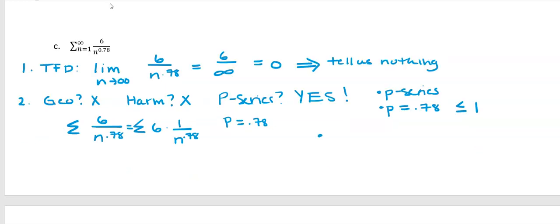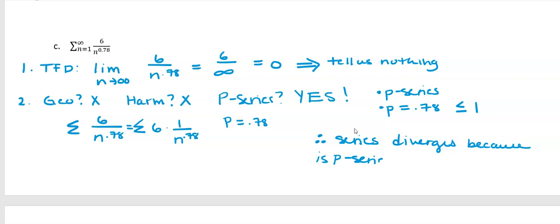So we write, therefore, the series diverges because it's a p-series with p less than or equal to 1.